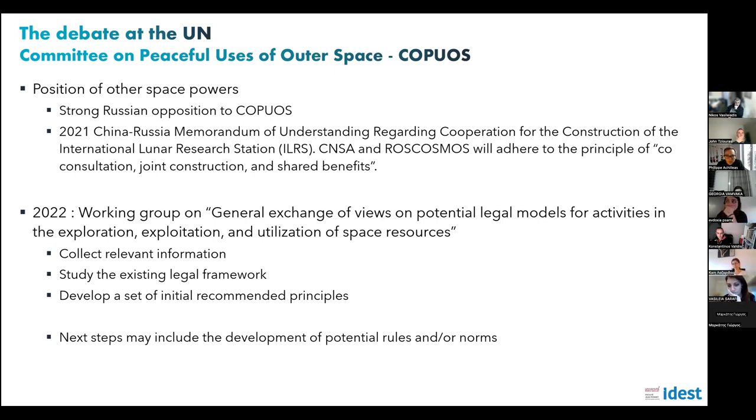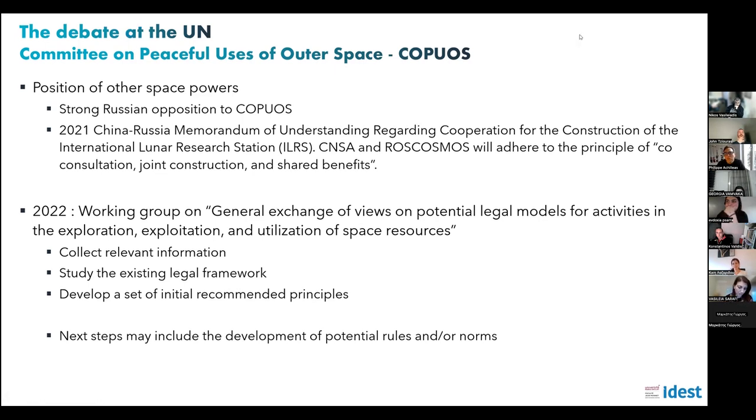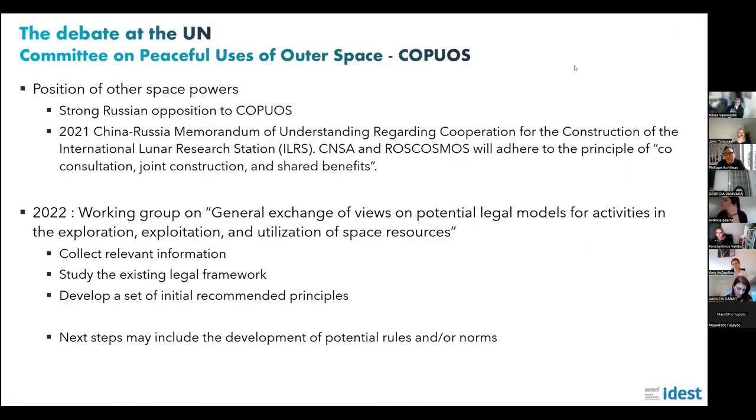In addition to that, in 2021, China and Russia adopted a memorandum of understanding in order to develop cooperation for the construction of an international lunar research station. We don't have the text of the memorandum of understanding.